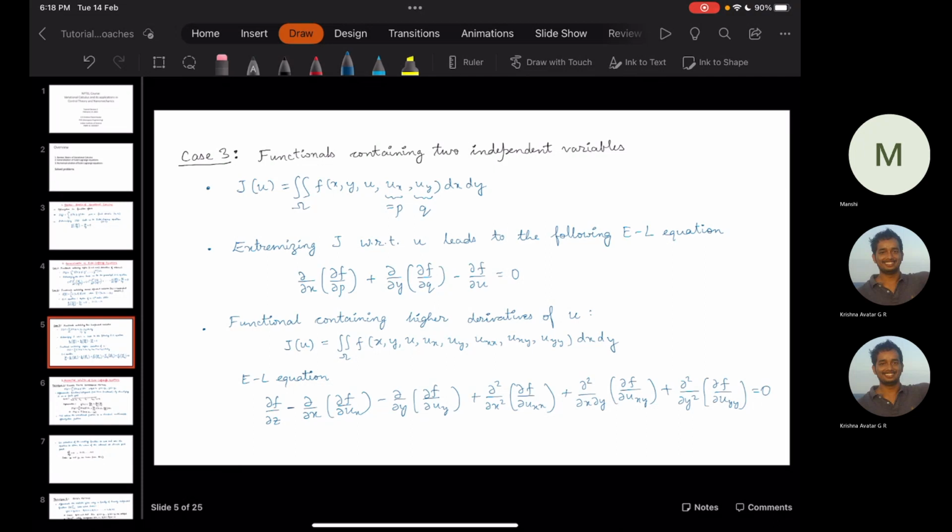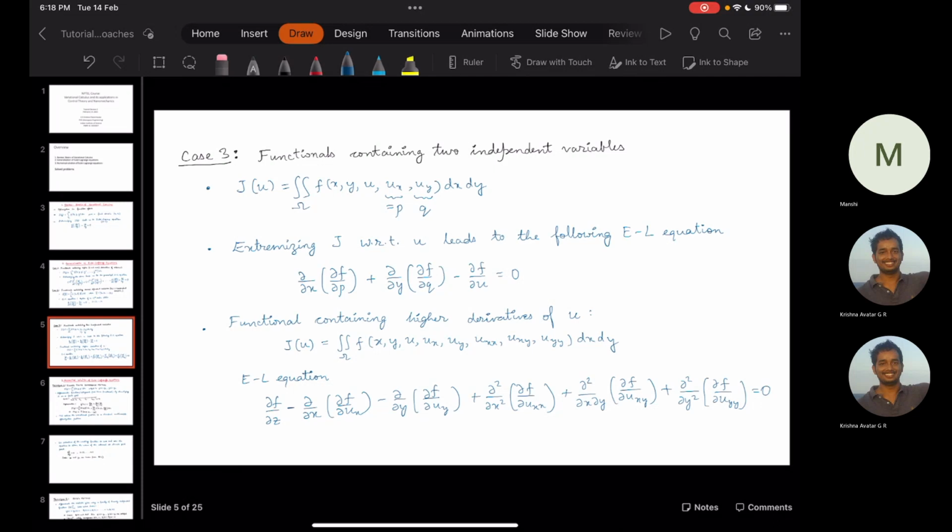Now for functionals containing higher order derivatives of u, we have an expression here, and again, for the sake of simplicity, I have considered derivatives of the extremal u up to second order.